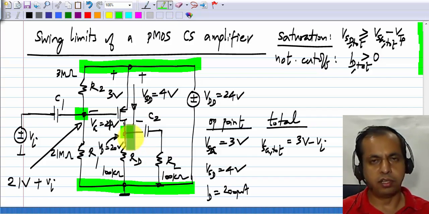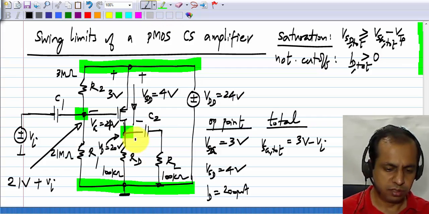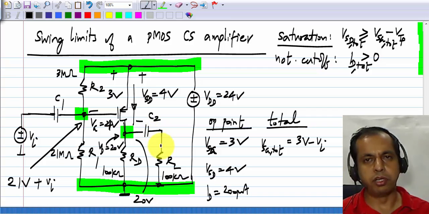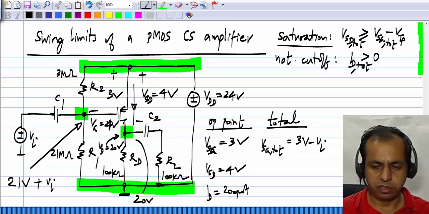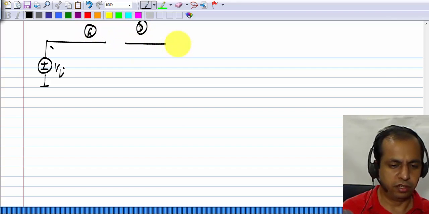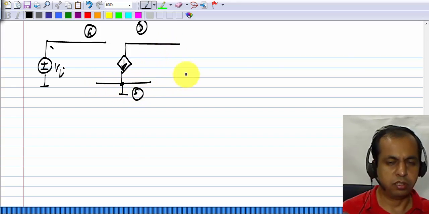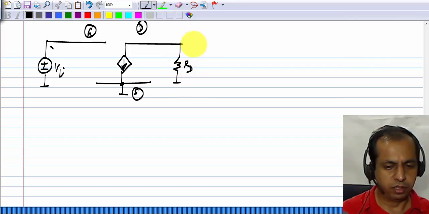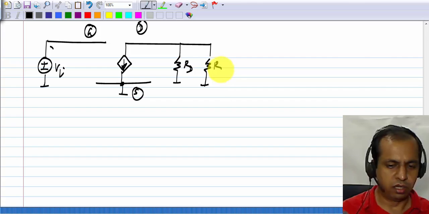Now the voltage here at the drain, the quiescent voltage, is 20 volts. And what is the incremental voltage at the drain? That we get from the small signal picture. So we have Vi, and this is the gate, drain, and source of the MOS transistor. We have RD and RL.